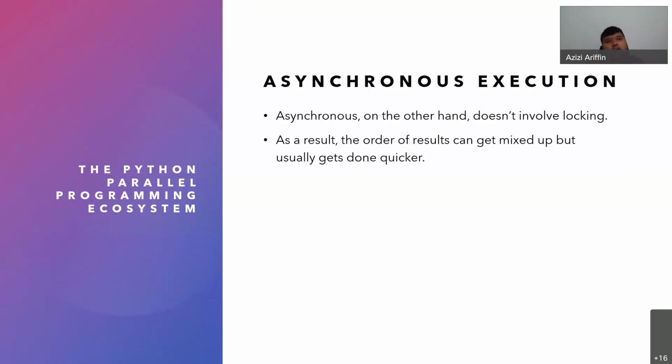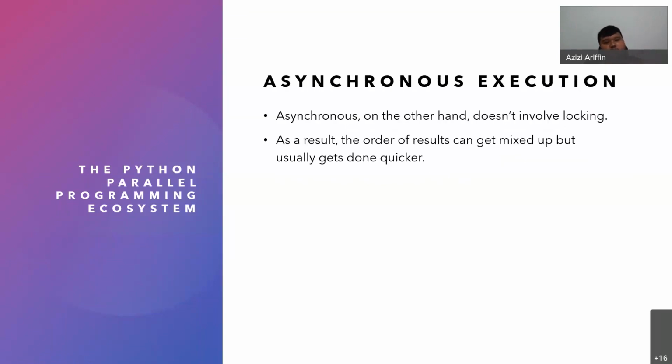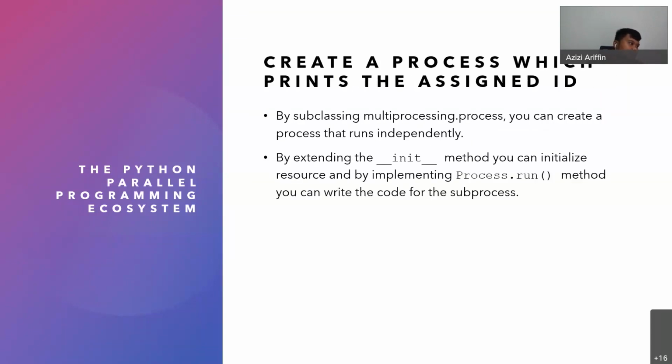Tetapi downfall dia adalah jika requirement kita, bila ada 2 result tu kita kena tambahkan dulu baru kita boleh bagi result. So that's why kalau macam tu, kita kena buat dia secara synchronous, pasal kita kena tunggu result daripada A dulu kan. Kalau kita buat asynchronous, mungkin kita tak ambil lagi result A, kita dah bagi result. Faham tak? So tengoklah requirement, kita nak buat dia synchronous ataupun asynchronous, right?